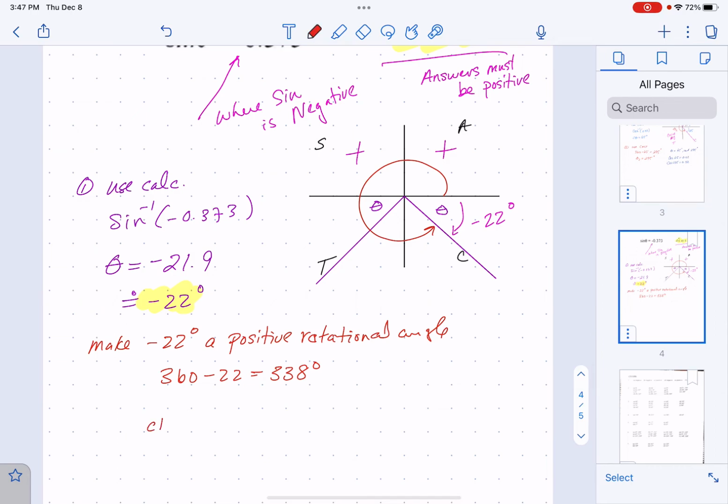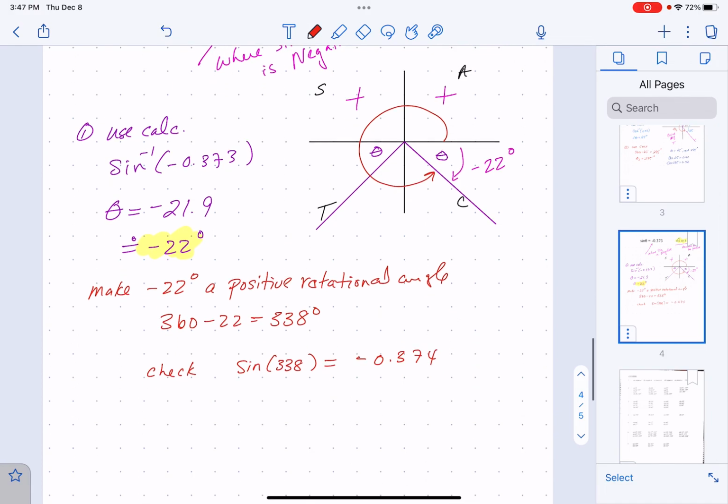And let's do a check to make sure. So we're going to do sine of 338 equals, and it equals pretty close to what I needed, negative 0.37. Now it's a little bit higher, but that's because we did some rounding and what have you, but it's pretty close. So now we have to go back and get our second answer.